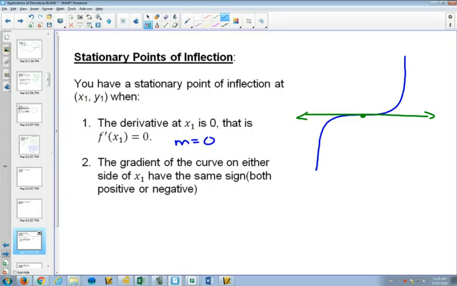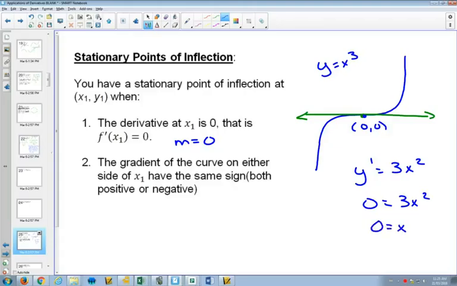But when we do our sign diagram for this, so if this was x cubed, you would know that that point is at 0, 0. When you do your first derivative, you'd get 3x squared, and if you try to make that equal to 0, what would x have to be? Well, x would have to be 0.